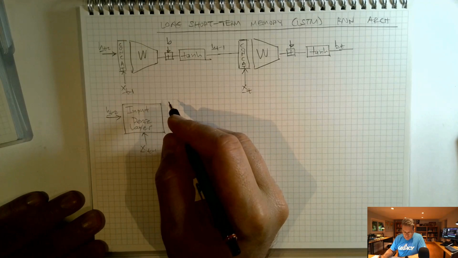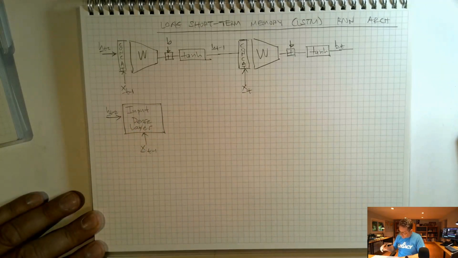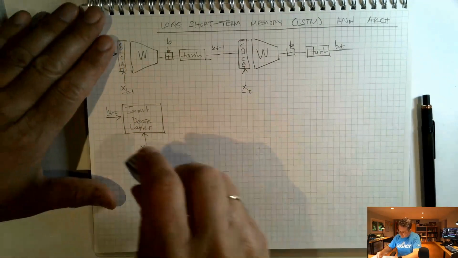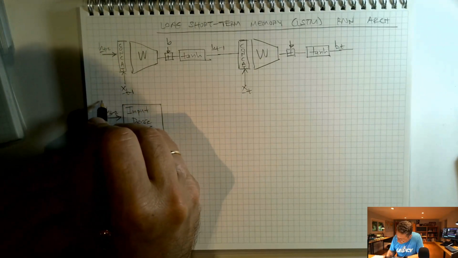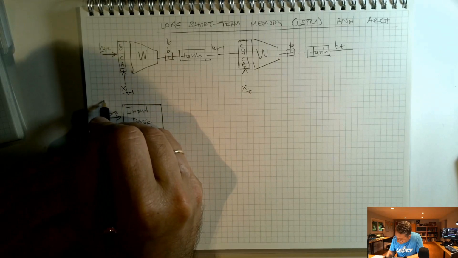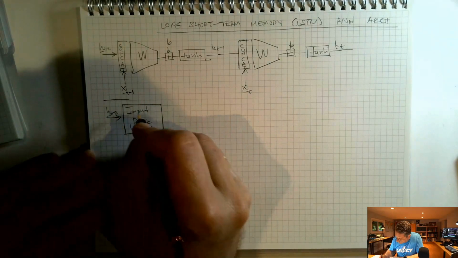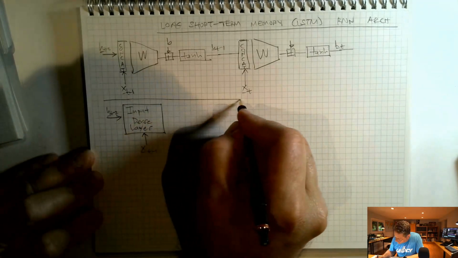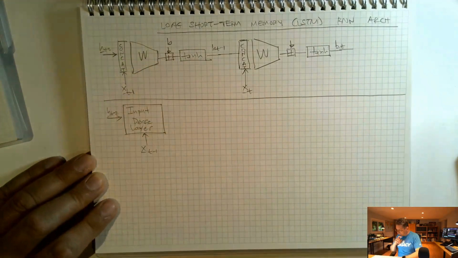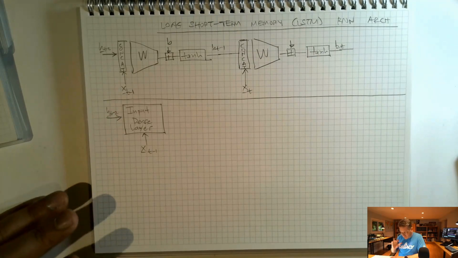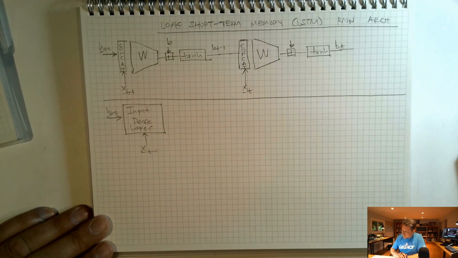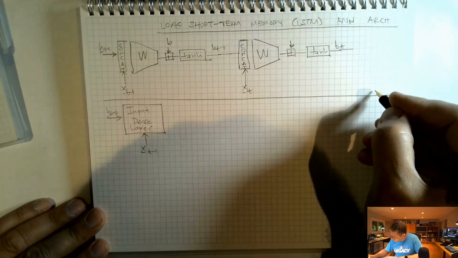The second thing we need to introduce in this new architecture is this line that represents a new memory called long-term memory, also called the cell state.